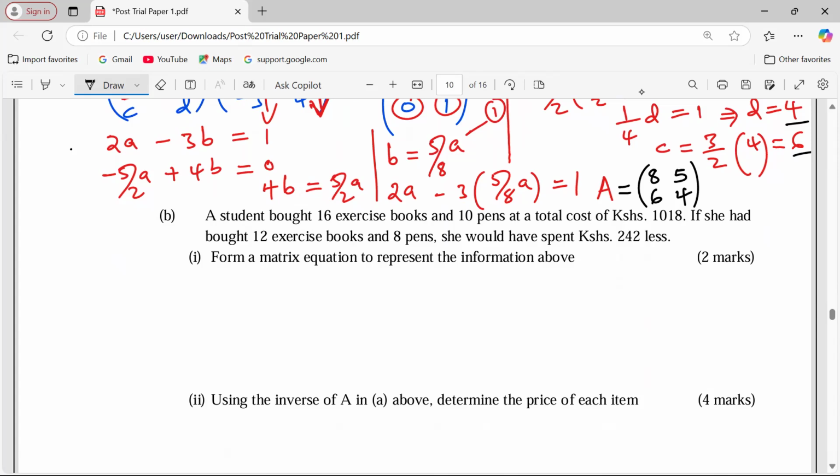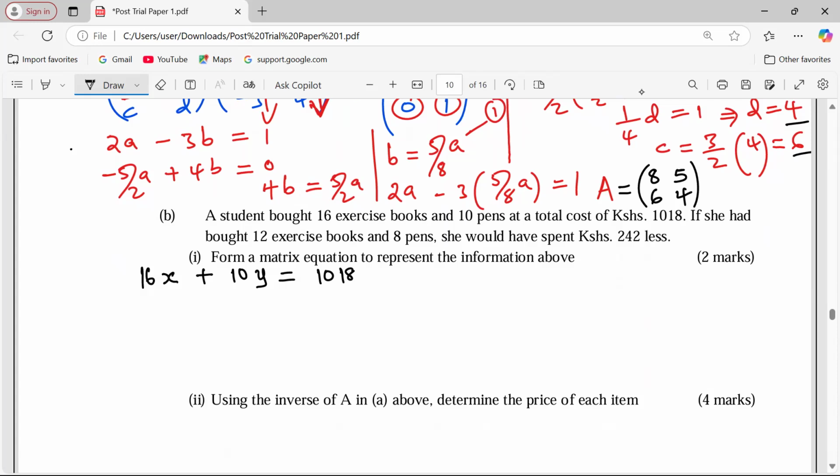Part 1. Form a matrix equation to represent the information above. So 16 books, that can be 16 multiplied by the cost of one book plus 10 times the cost of a pen, which is let to be Y. This should give us 1018.